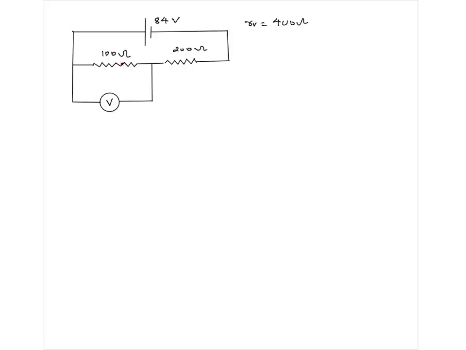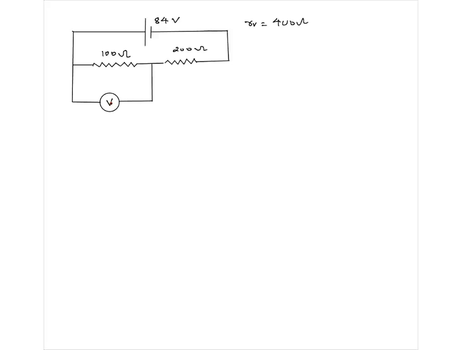So when the current splitting takes place here, quite a bit will go through this part. The choice of instrument should be such that with respect to 100 ohms, this number should have been big. 1 kilo ohm would have been better, 10 kilo ohm would have been even better, but 400 ohm with respect to 100 ohm does not look like a great idea.